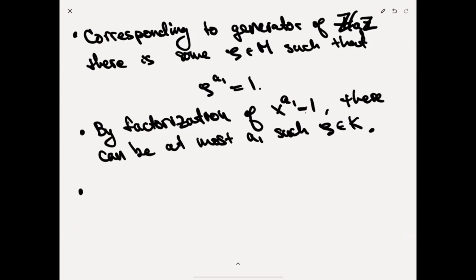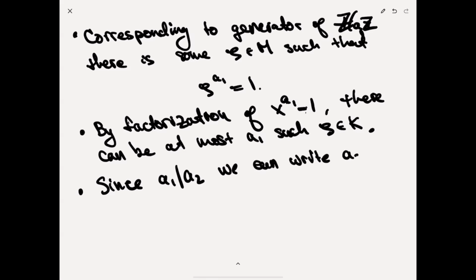The issue is that since A1 divides A2, if A2 existed, we can write A2 is equal to A1 times A2 tilde.